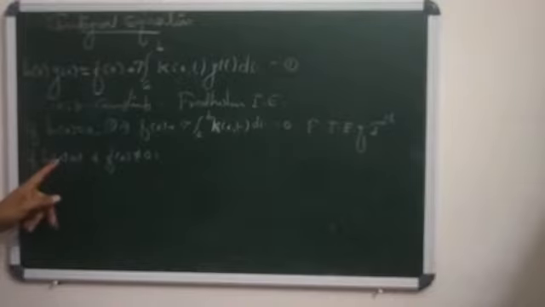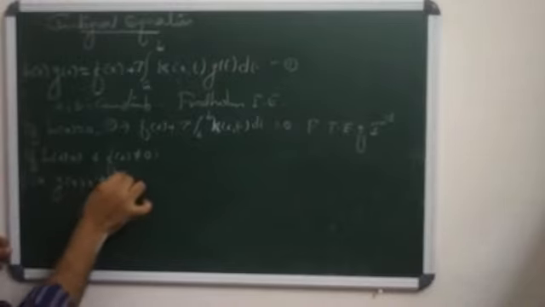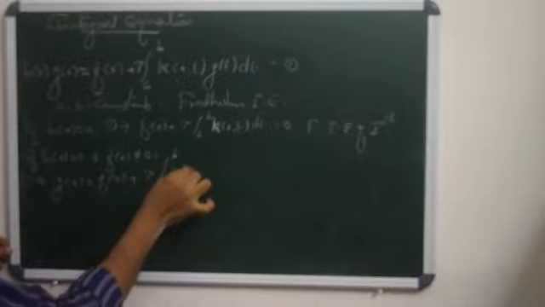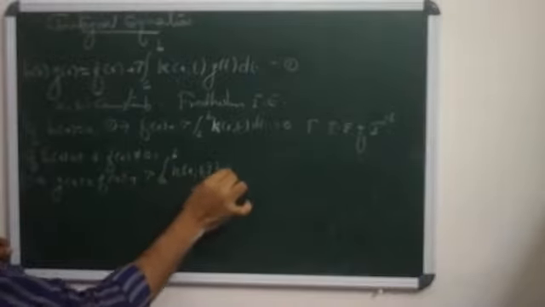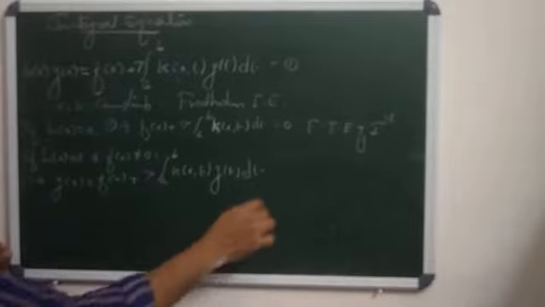Equation 1 reduces to g of x equals f of x plus lambda integral a to b k of x,t g of t dt. This equation is said to be an inhomogeneous integral equation of second kind.